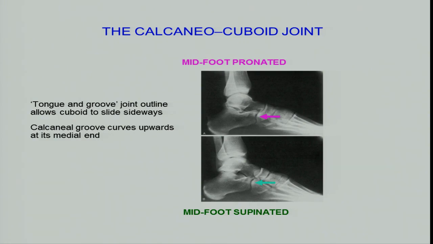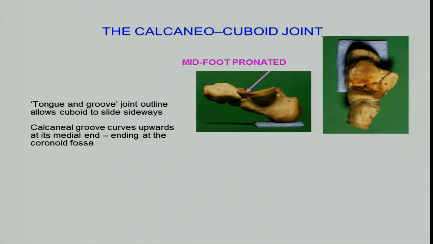Now, this calcaneal curvature, concavity, actually moves upwards medially and ends in the coronoid fossa. So when there is outward angulation, the beak moves medially and upwards into that fossa, and therefore the cuboid automatically supinates.